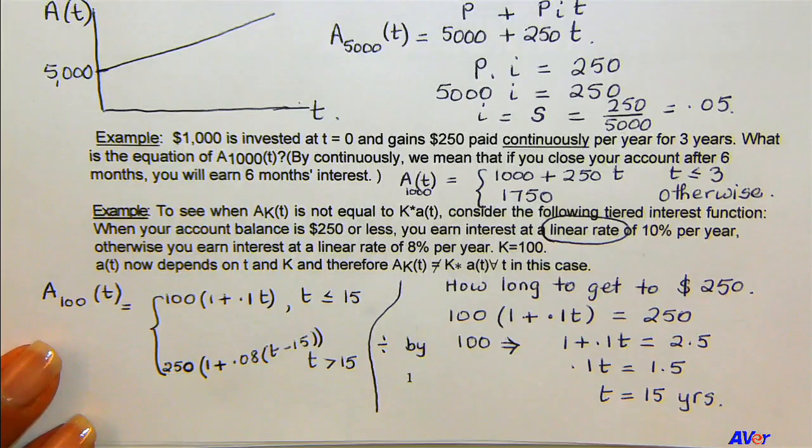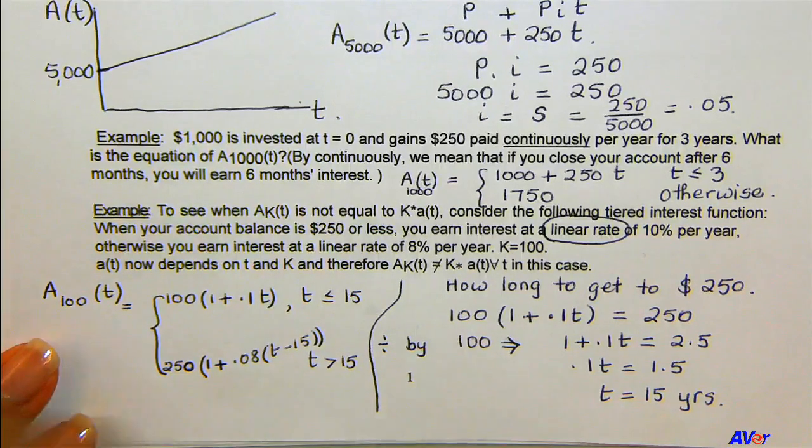Any question? In the first one, we factored out 100, right? And we got 1 plus 0.1t. And the second one, shouldn't we factor out 250? We did. This is factored out: 250 parentheses 1 plus 8% for the rest of the time, right? But isn't it like 8 over 250? No, right?